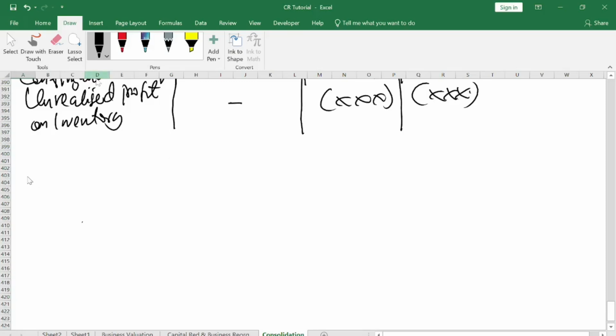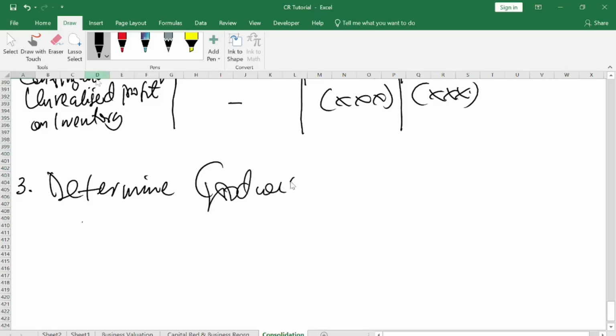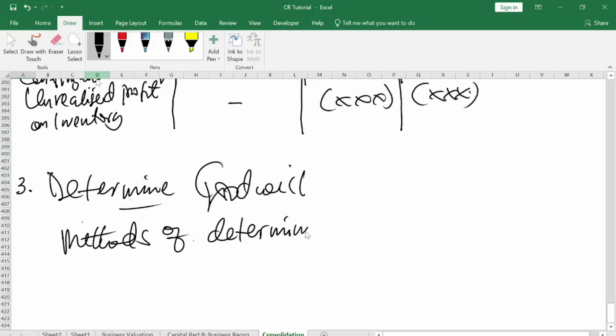So let us go to the third one, which is determination of goodwill. Okay, determine goodwill. So how do we determine goodwill? Under goodwill determination, we have two methods of determining goodwill.